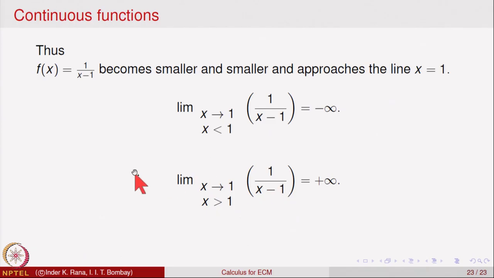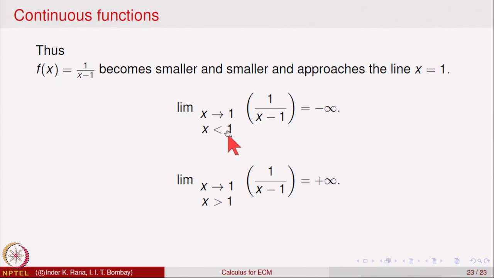On the positive side it goes to plus infinity. That means as I approach the point 1, the value of the function on the sequence is either approaching plus infinity or minus infinity. That means I cannot predict a suitable value for the function.